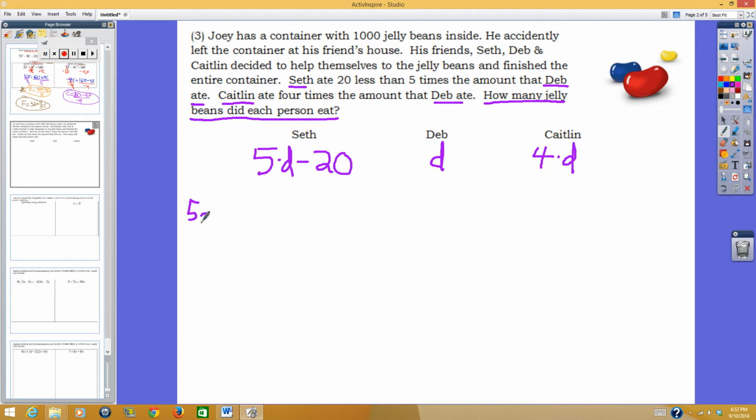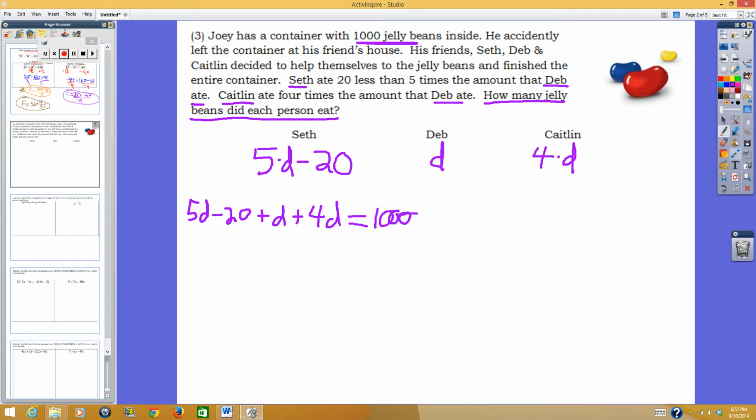So you've got Seth and Deb, which is just D, and Caitlin. They somehow ate all of Joey's 1,000 jelly beans. So Seth plus Deb plus Caitlin equals 1,000.